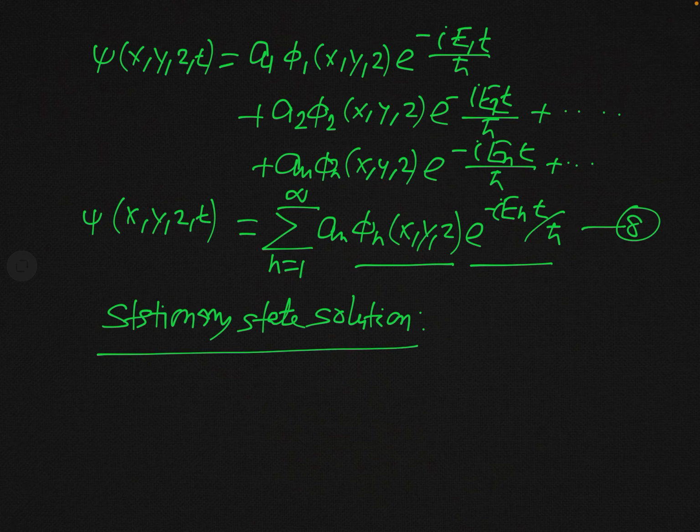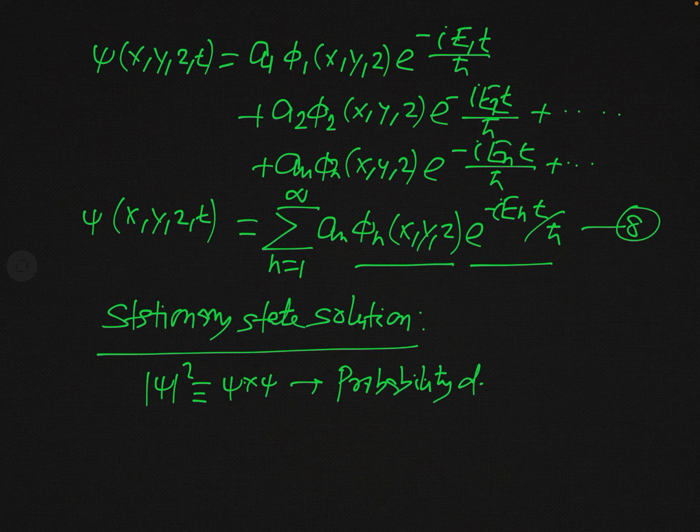In fact, you know that mod of psi squared, or equivalently psi star psi, where psi star is the complex conjugate of psi, is actually the probability density.